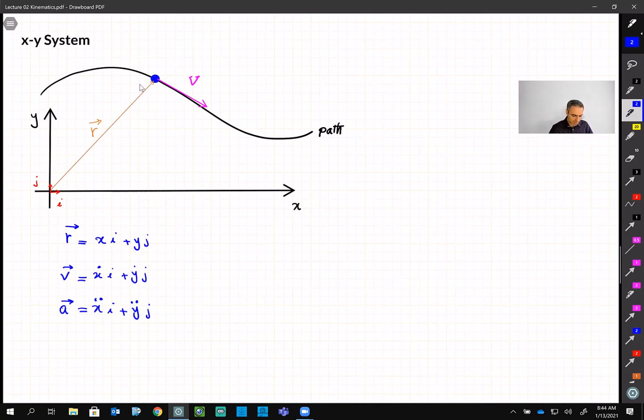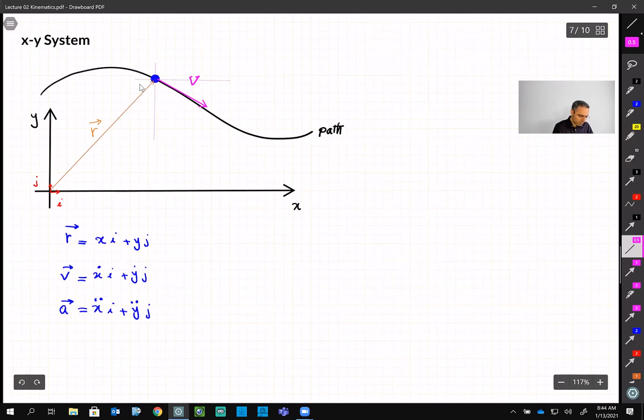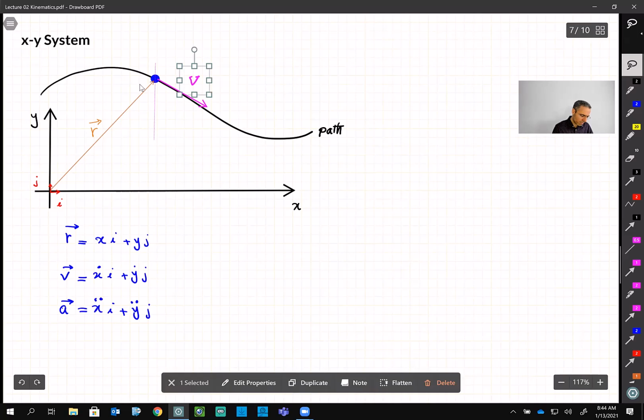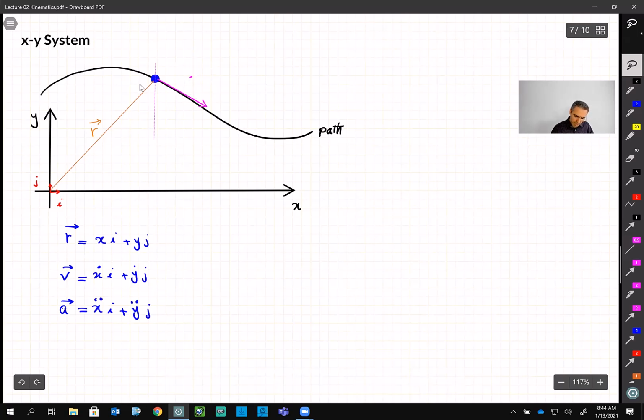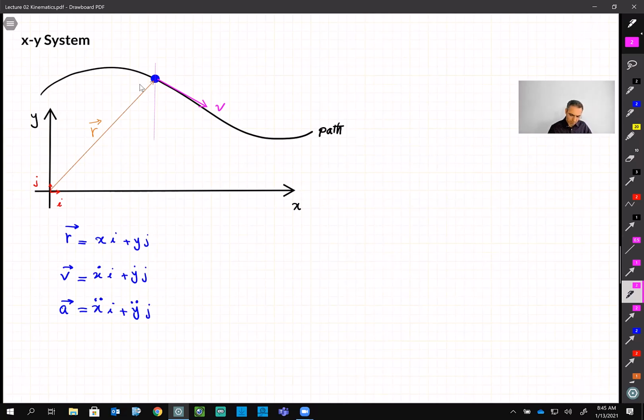In other words, for this velocity of the particle that I have, I break it down to its components. Let me get rid of that. Maybe I write it down somewhere here.